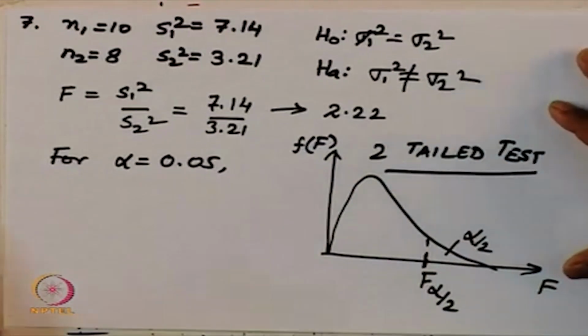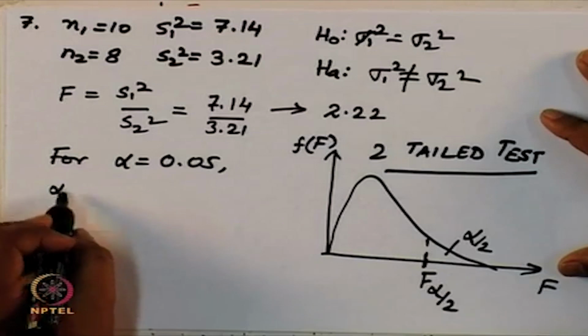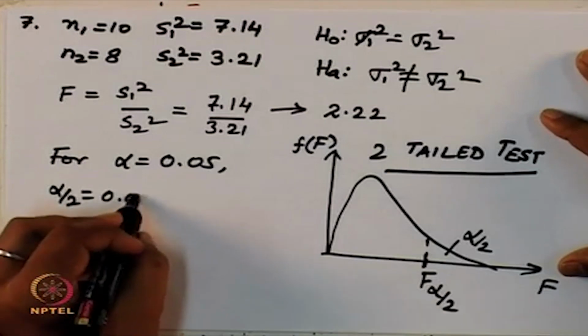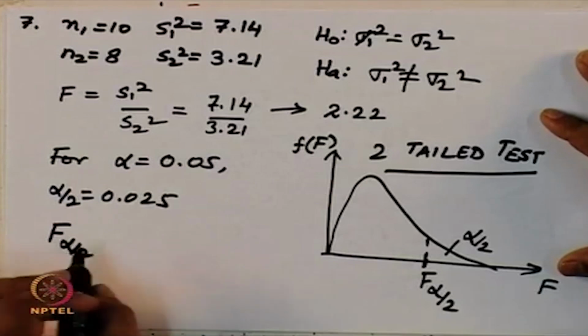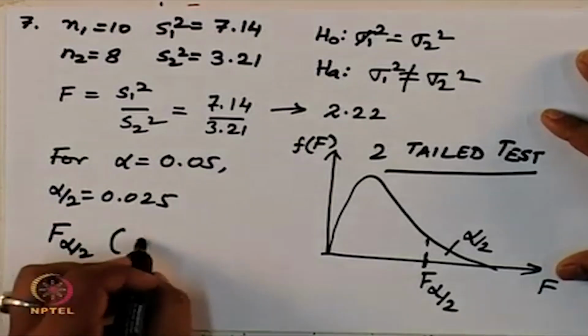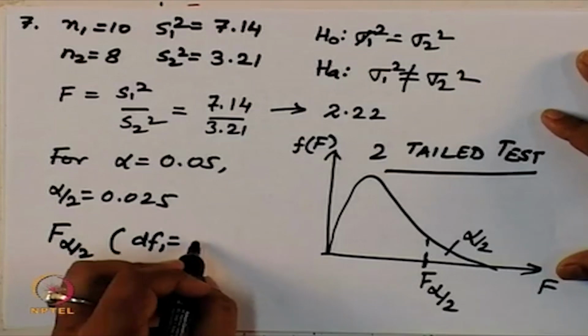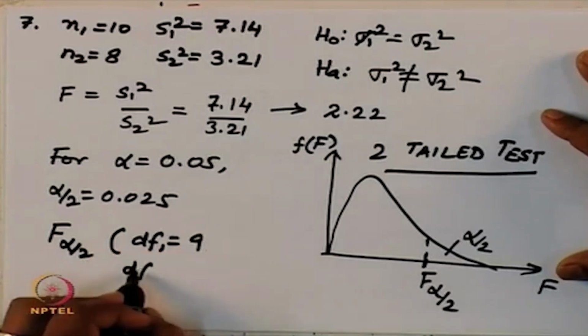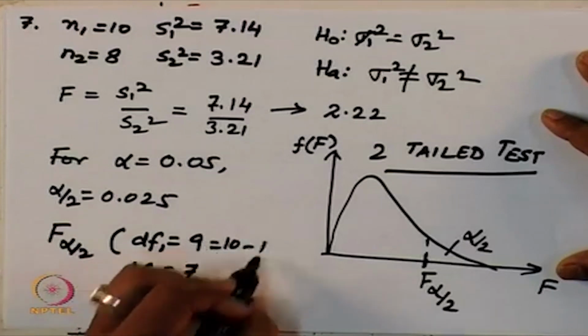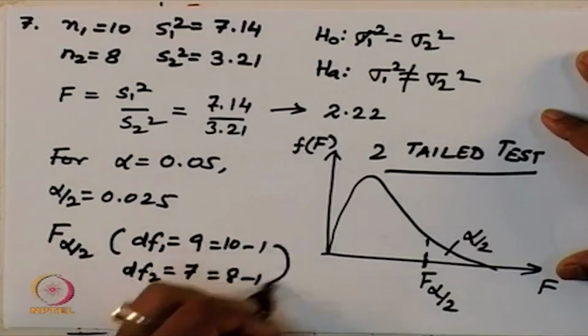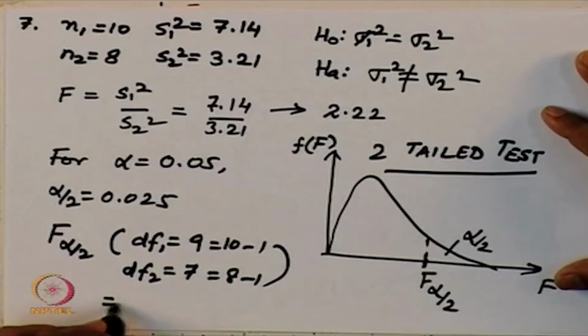For alpha by 2, in this case alpha by 2 is equal to 0.025, you will look up the value of f of alpha by 2 corresponding to df1 equal to 9 and df2 equal to 7. 9 is 10 minus 1, this is 8 minus 1. So, this f of alpha by 2 is 4.82.